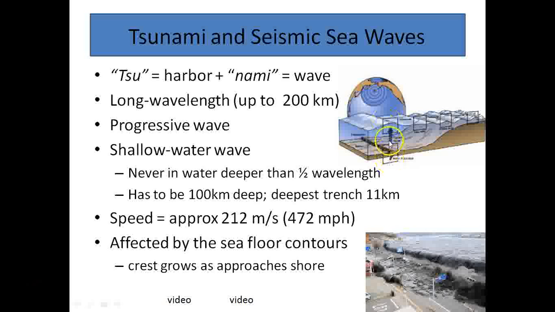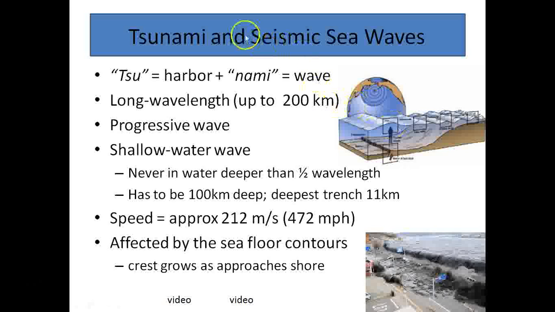There's an upward thrust right where that happens, and that generates a big wave. That region where the upward thrust happens is called the epicenter, and then the waves will start to progress outward from there.